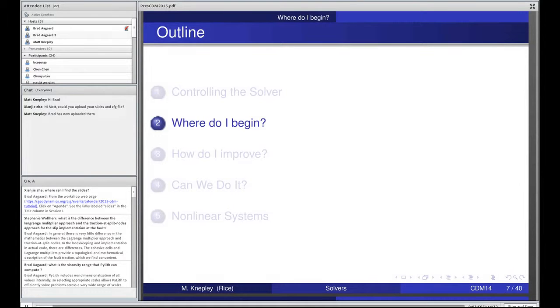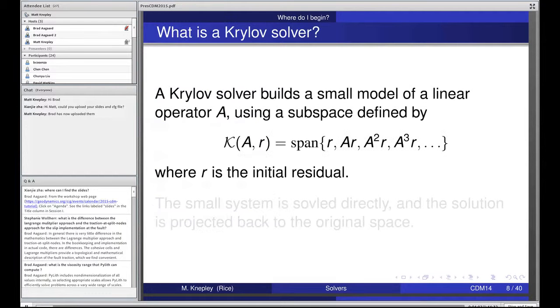Okay, so how do you begin learning about these things? I think the most important kind of solver to understand is what's called a Krylov solver, and here's why I think so. I said there were two kinds of linear solvers, direct and iterative. The nice thing about direct solvers is that they either work or they fail in a spectacular type of fashion.